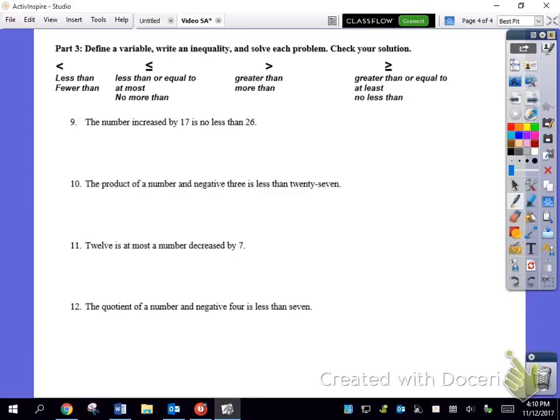So on these last few, we're going to set them up, and then we're going to solve them. A number increased, so that's plus. So n plus 17. Now, when it says is no less than, remember is like the equal sign, so is no less than, it's going to be one of these inequalities.